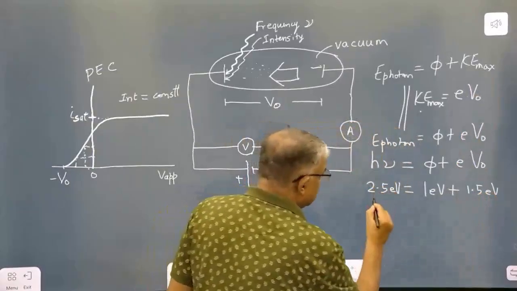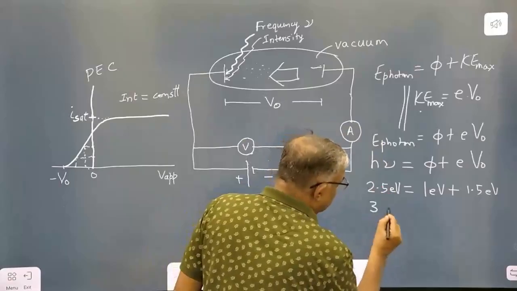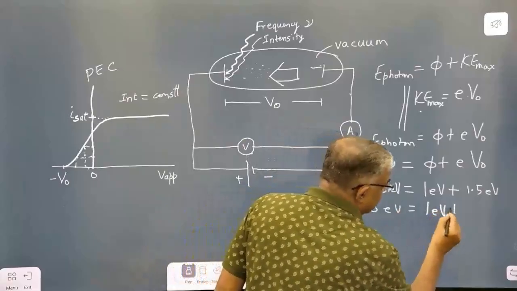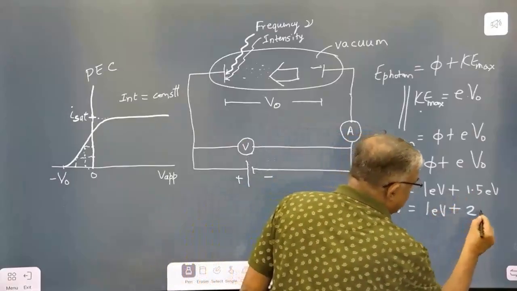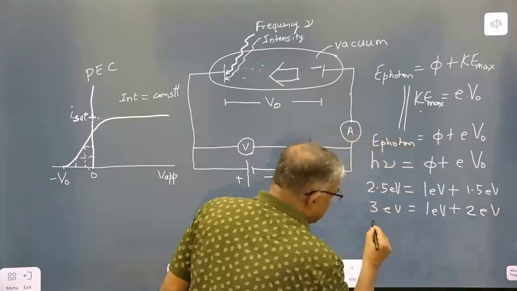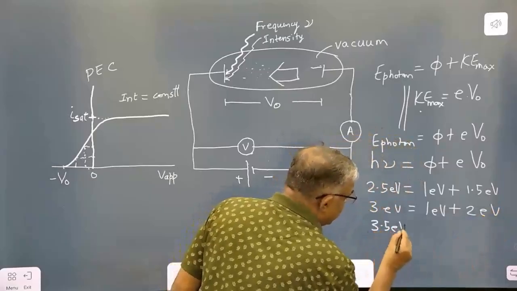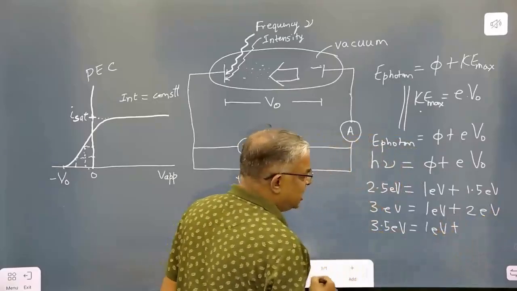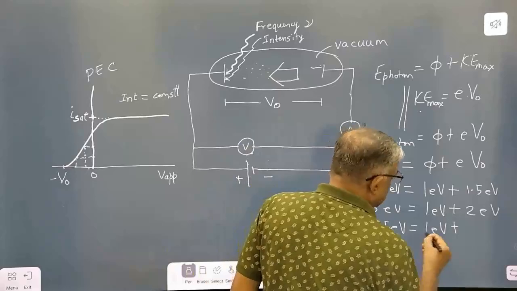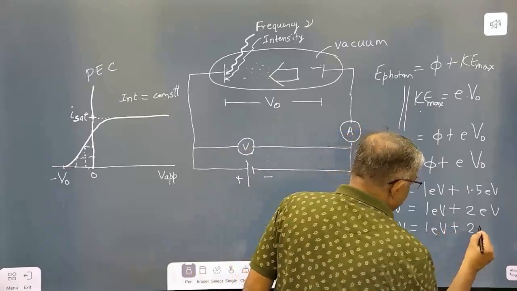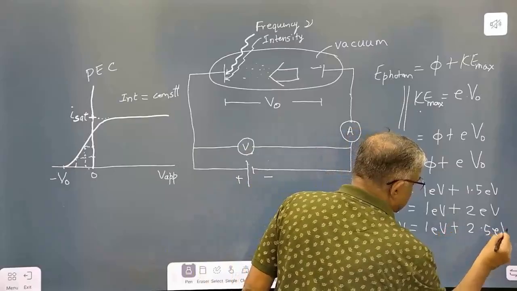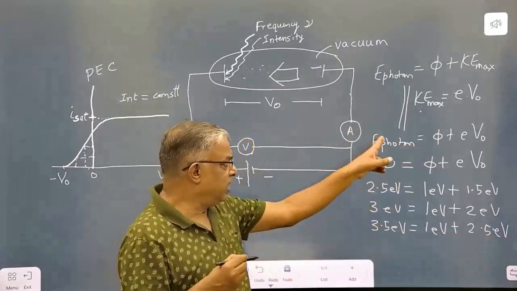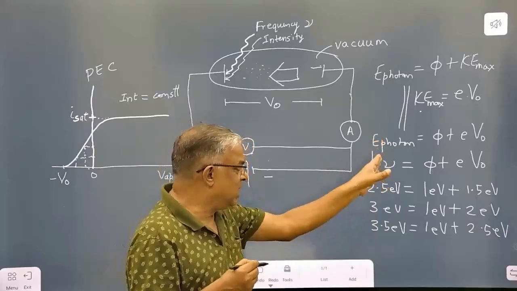Now, if it is 3 electron volt, then the energy of the maximum energetic electron would be 2 electron volt. If it is 3.5 electron volt, the energy of the maximum energetic electron would be 2.5 electron volt.